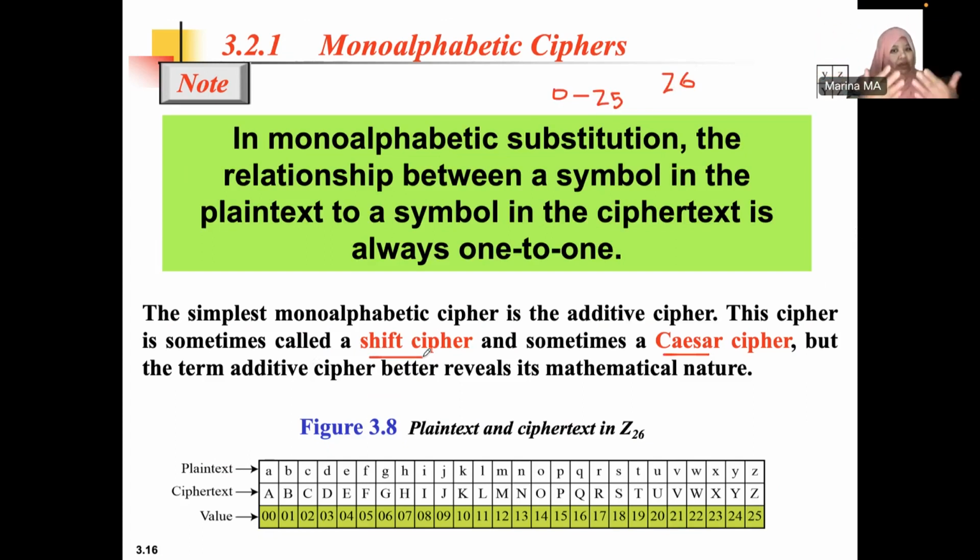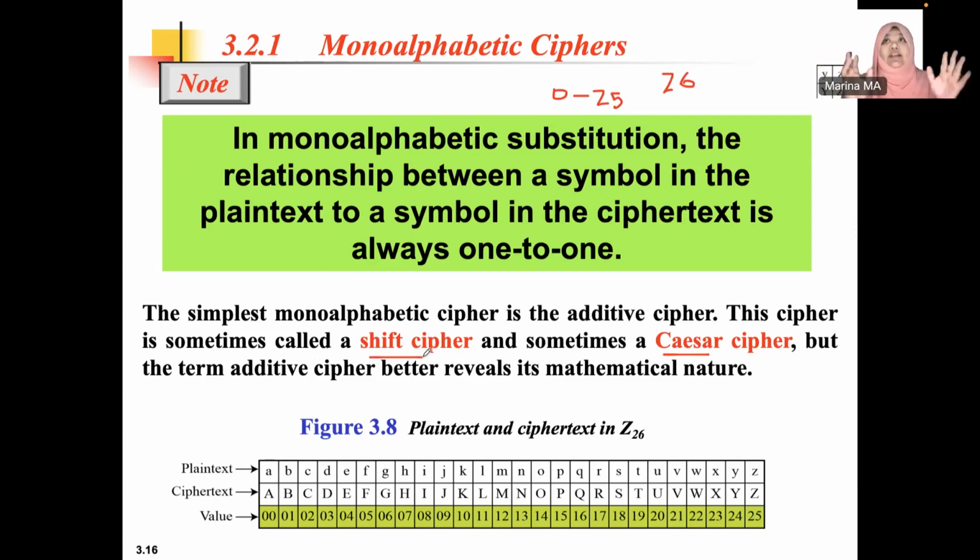If I lecture in Malay, some of the students cannot understand me. So you have to agree on the communication, on the tools. Same thing in cryptography, you have to agree on the technique. First you agree, okay, let's use Caesar cipher. Because if you don't tell Bob that you're using Caesar cipher, how does Bob know how to decrypt? Should I use Playfair? Should I use Vigenere? He would have a hard time finding out. So first, agree on the technique: let's use Caesar cipher.